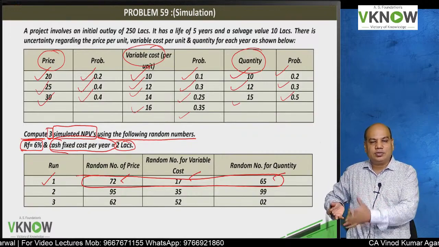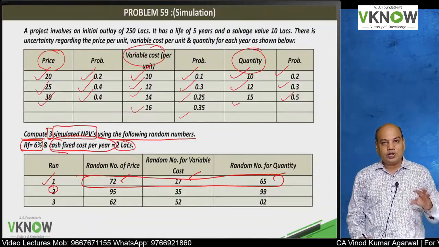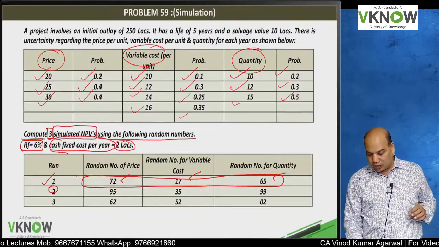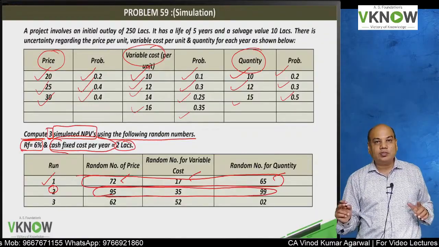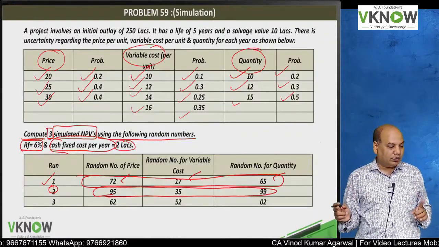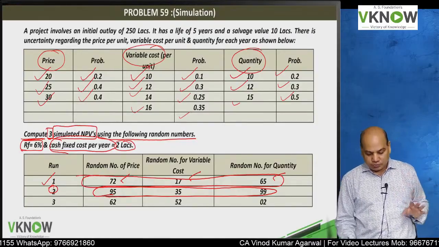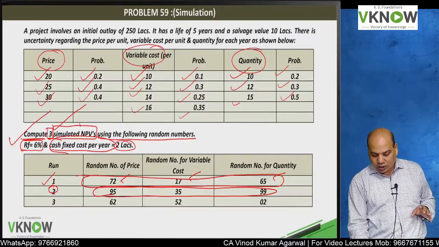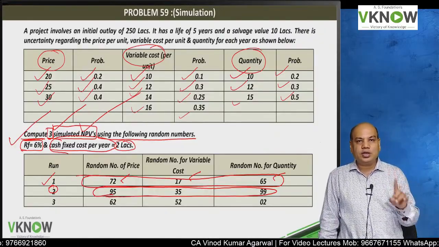Then I am going to do the second run, where we found the following random numbers. Based on this set of random numbers, what will be my NPV? And the same thing for the third run. So this question specifically requires you to compute 3 NPVs for 3 runs.